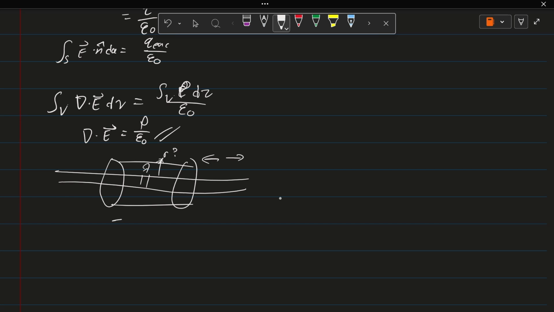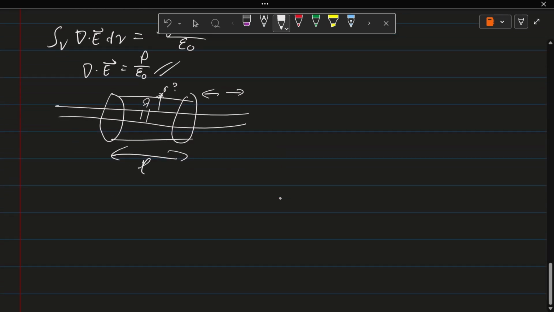If we do this with length, let's say this is L, and do the surface integral, the component through this end surface would be 0, and this one would be 0, and therefore it will be just the integral of E dA over the blanket, basically, and this equals Q over epsilon 0 of the enclosed charge. So it's lambda L over epsilon 0.